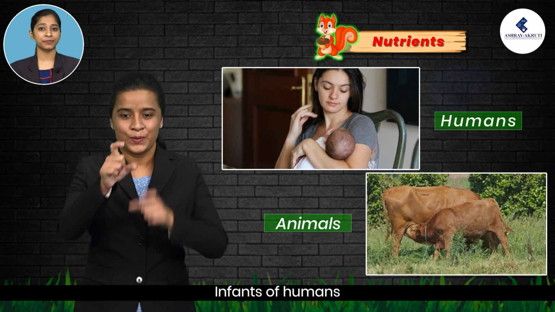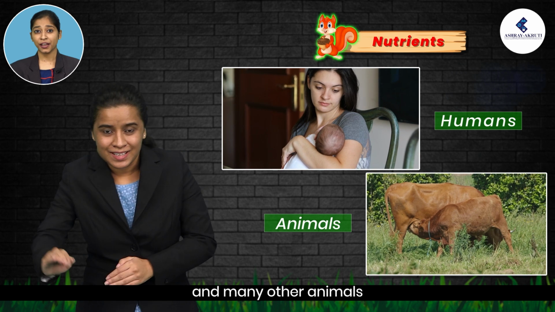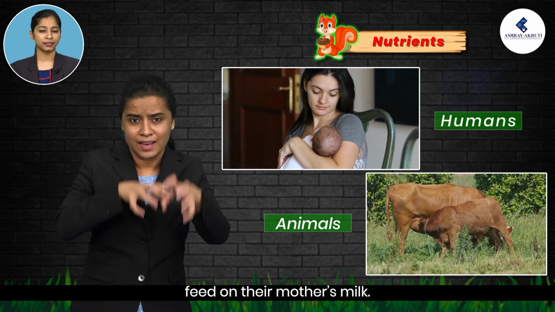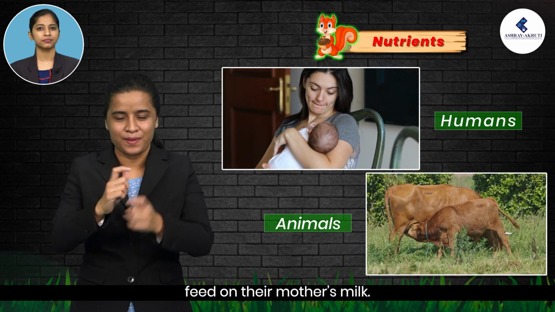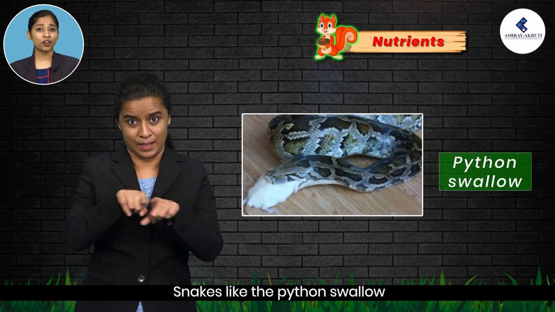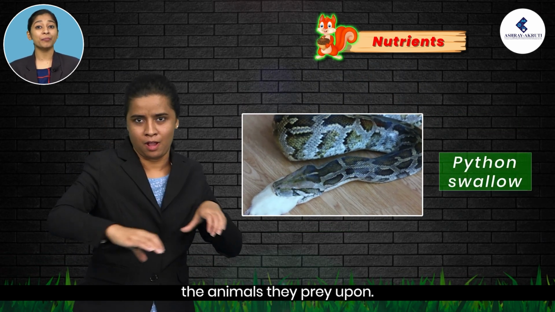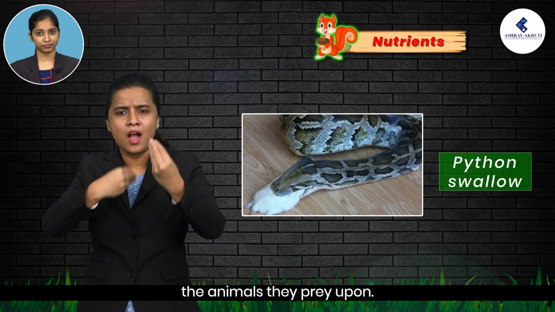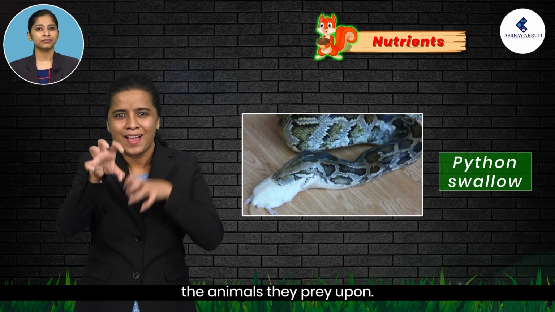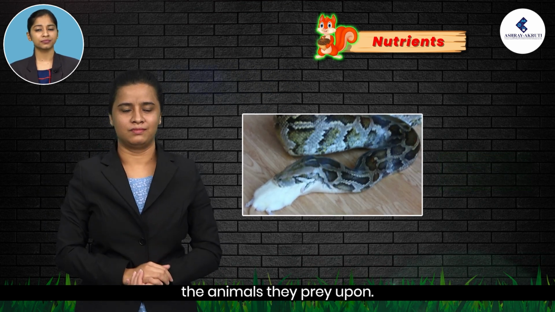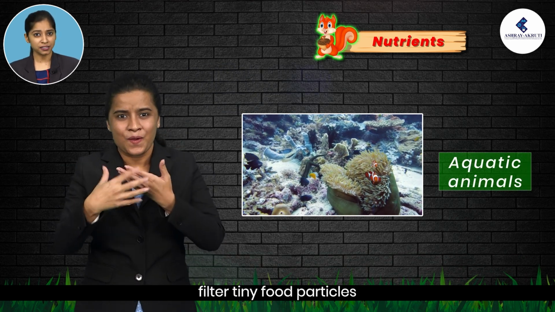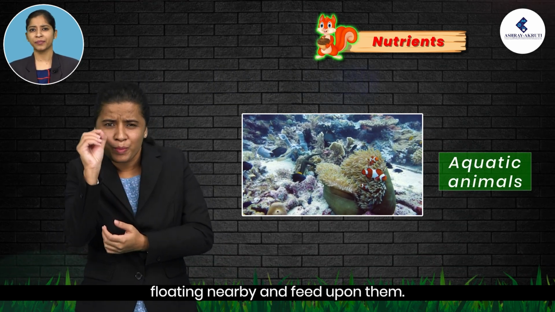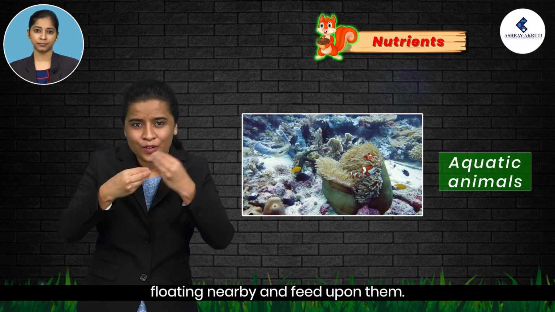Infants of humans and many other animals feed on their mother's milk. Snakes like the python swallow the animals they prey upon. Some aquatic animals filter tiny food particles floating nearby and feed upon them.